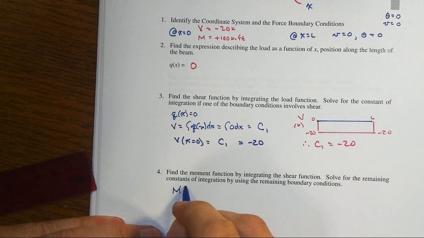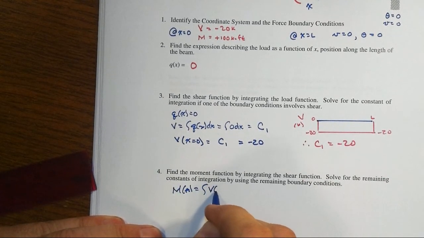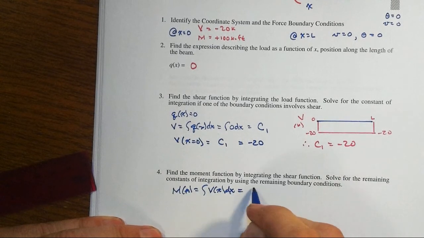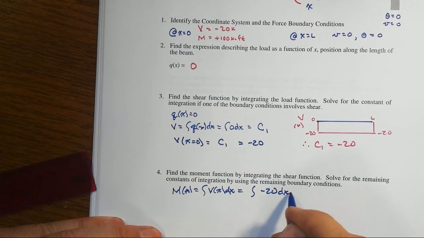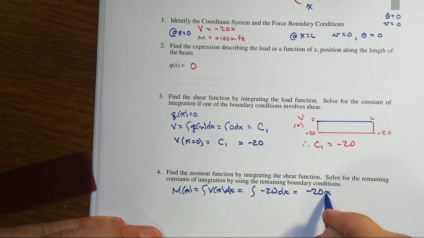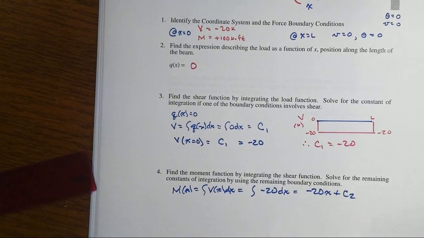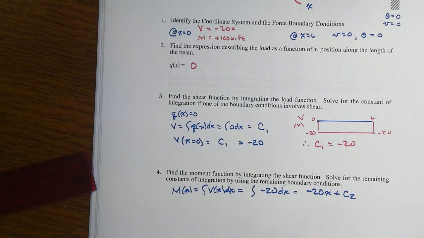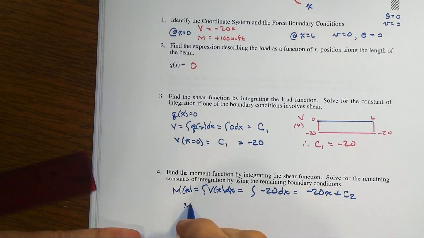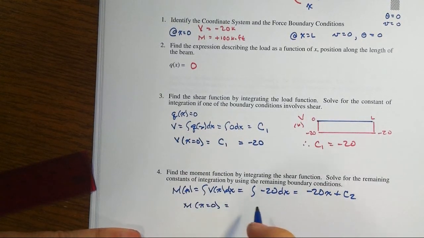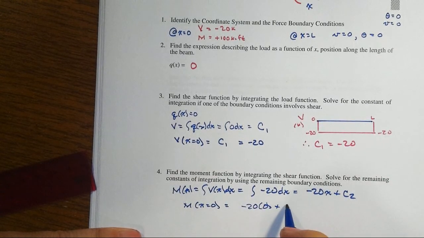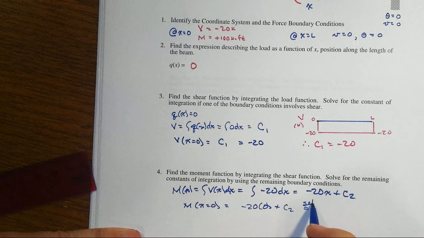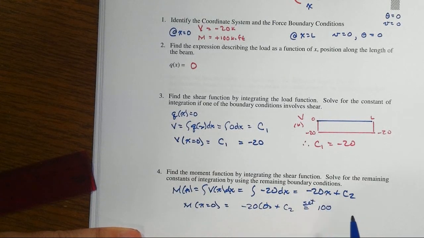Moment is the integral of shear, so the integral of minus 20 times dx, that's minus 20x plus our second constant of integration. And yes, we have our second boundary condition here that says that at x equal to 0, our moment is minus 20 times 0 plus C2, and it's supposed to be equal to a plus 100.